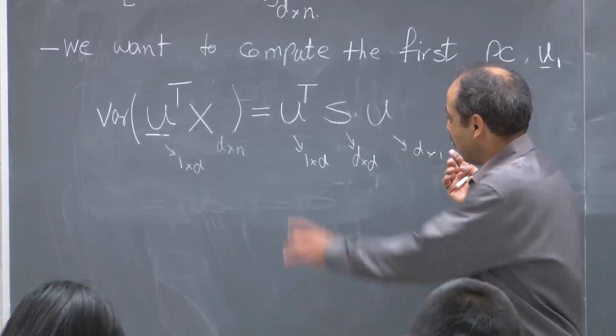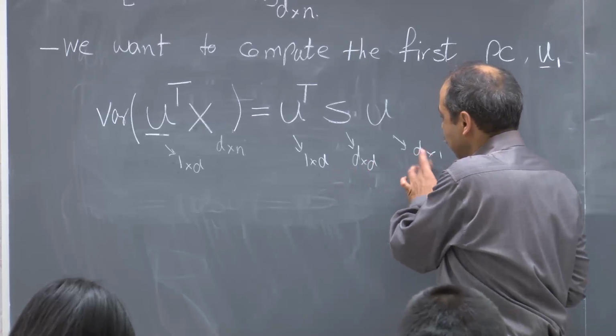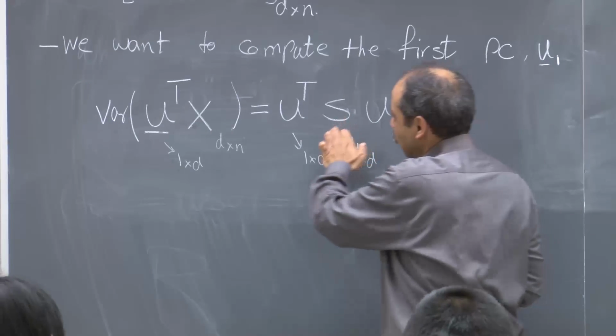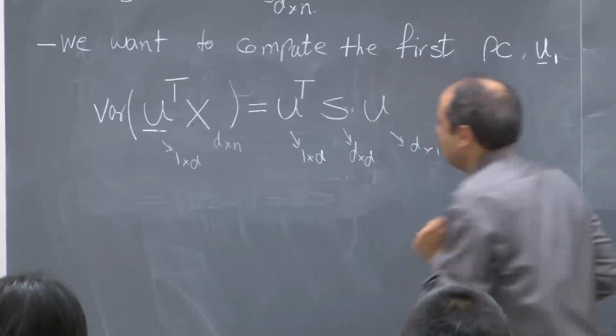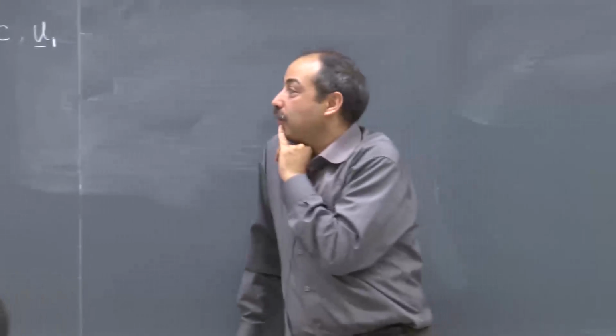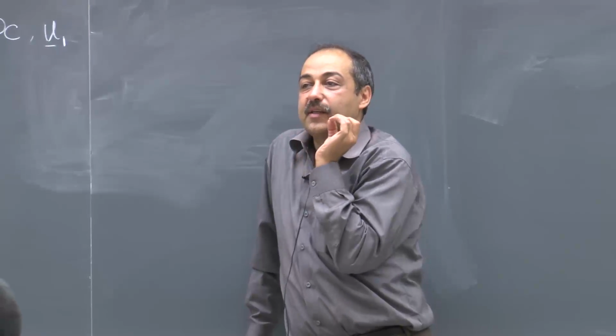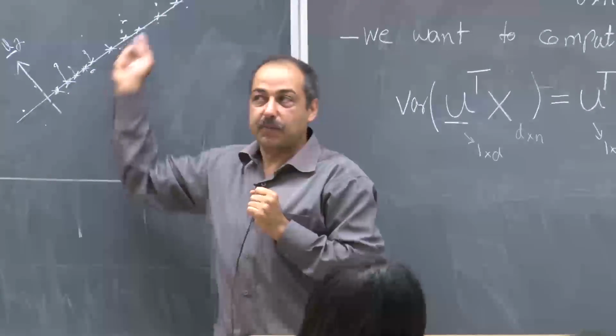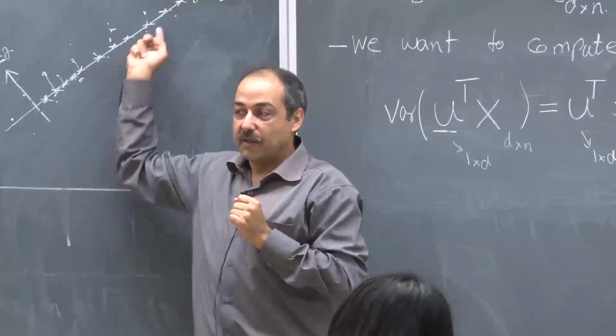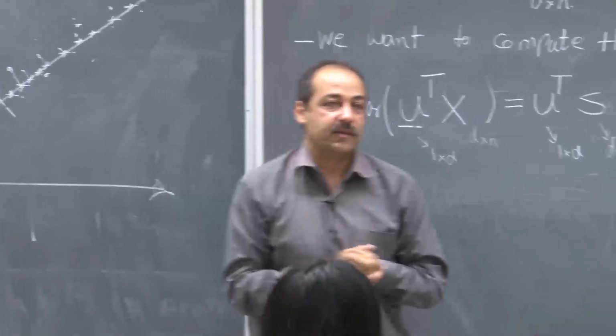So the final value is a scalar: 1 by D, D by D, D by 1. If I know the covariance matrix of X, I can compute it this way. That's going to be the variance of the data after projection onto U.